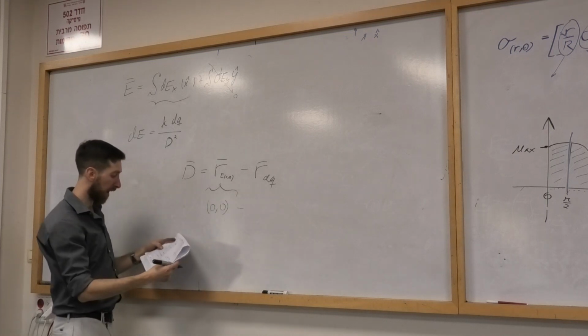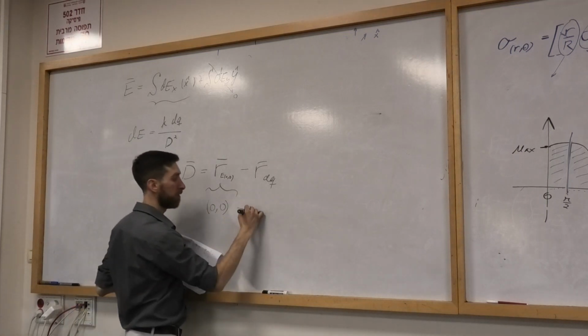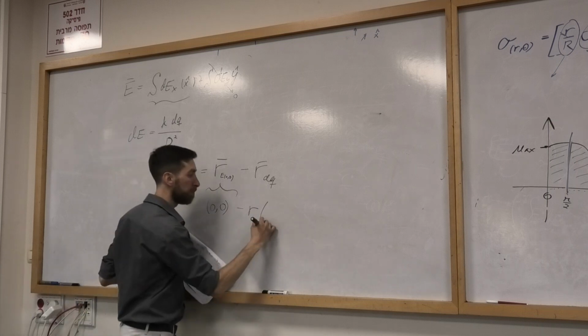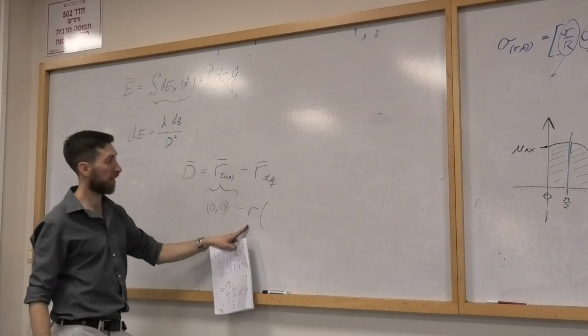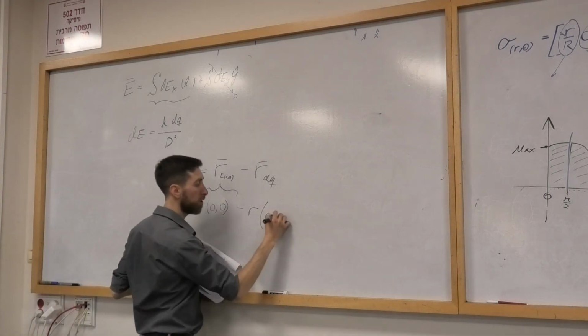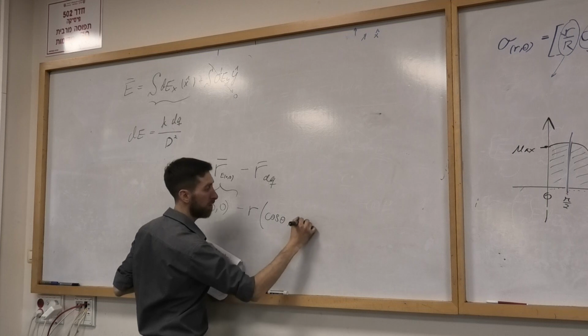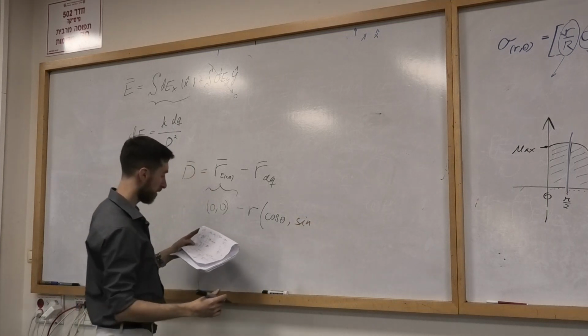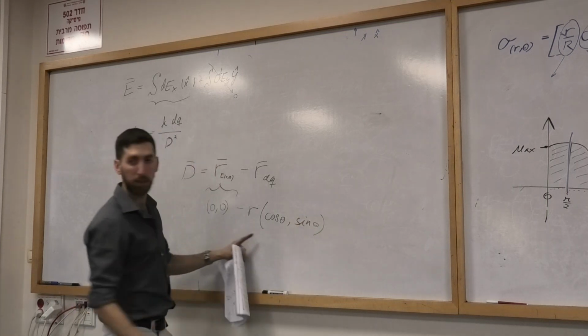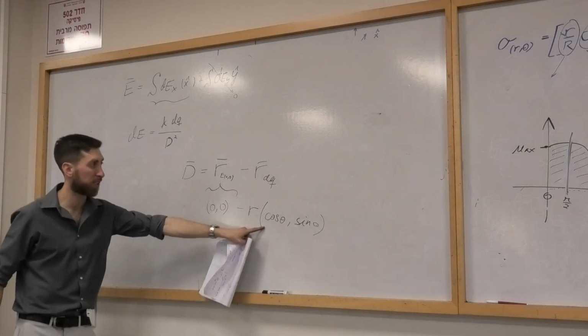Where is dq? I can give it polar coordinates: r cosine theta, and sine theta, this way.